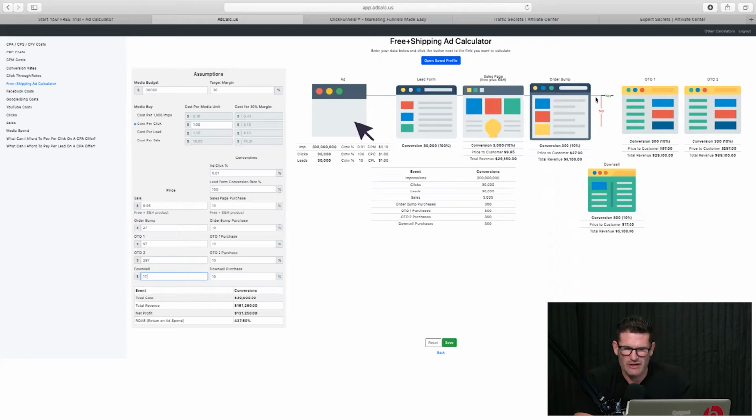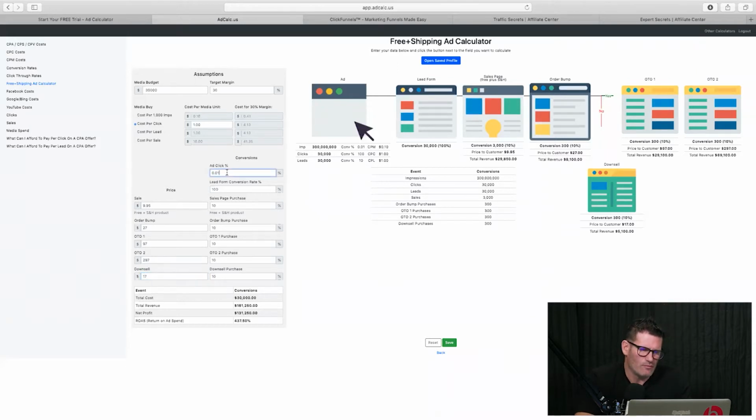When they purchase, they will see the OTO1. If they purchase the first one-time offer, they go to OTO2. If they do not purchase, we will have a downsell where those users will see the offer here. Okay? So here's the pricing that we have.